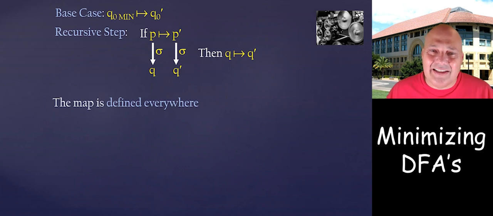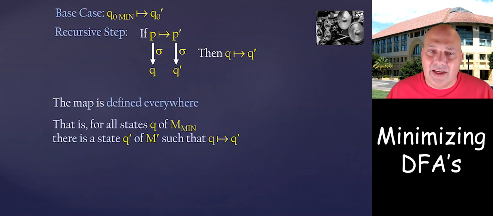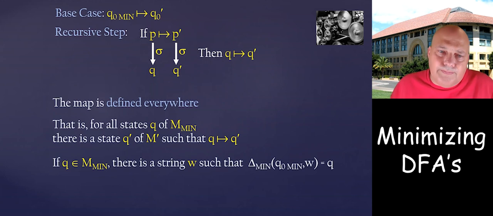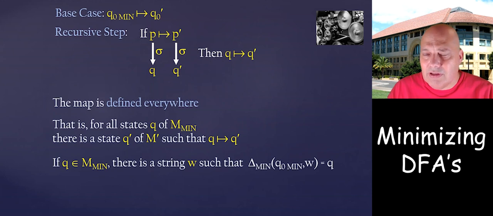So the map is defined everywhere. It means that for every state Q in M min, there is some Q prime that it is mapped to. If we are not mapping some Q, then it's not a mapping. So if Q is in M min, then there is some W such that from Q0 min on W we reach Q. So why is this correct?